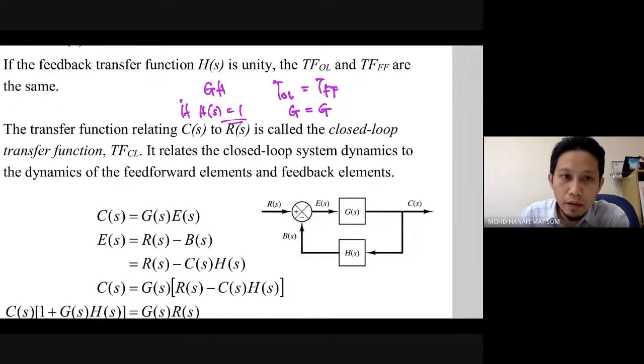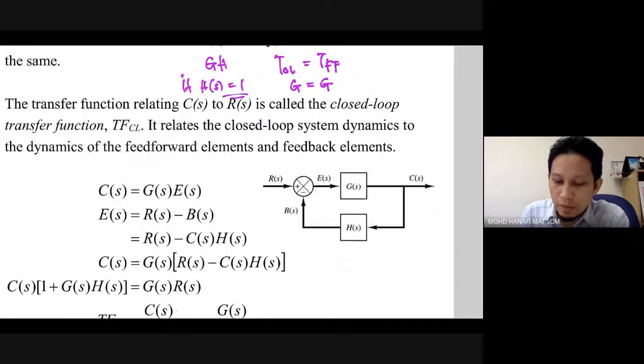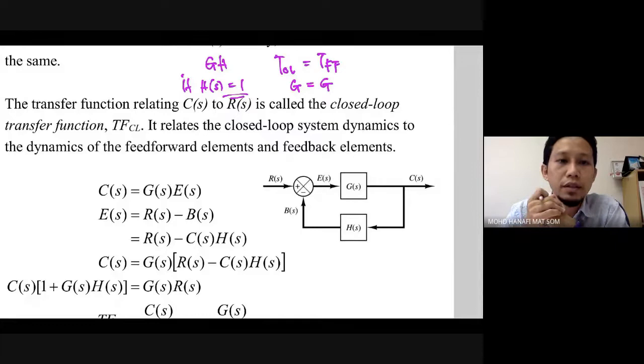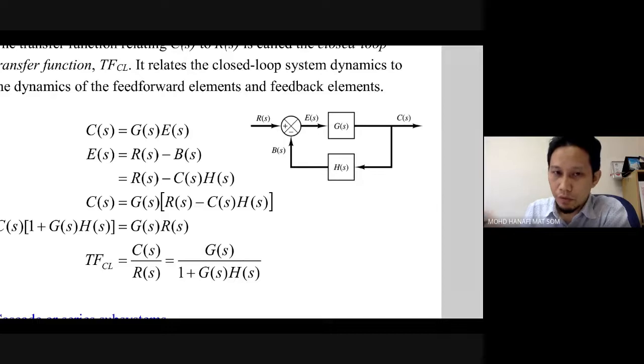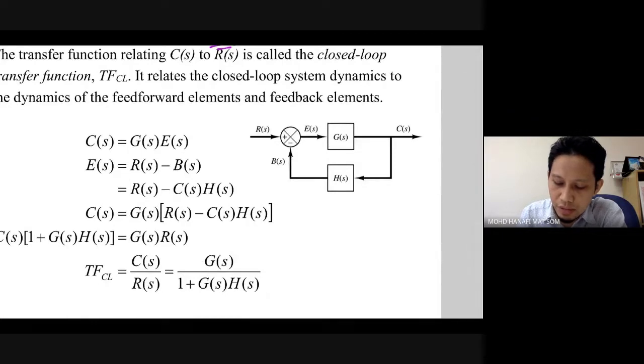Next term is the transfer function relating C(s) to R(s), called the closed loop transfer function. It relates the closed loop system dynamics to the dynamics of the feed-forward elements and feedback elements. We have already defined the feed-forward and open loop. Now we want to consider all of them in our closed loop transfer function.